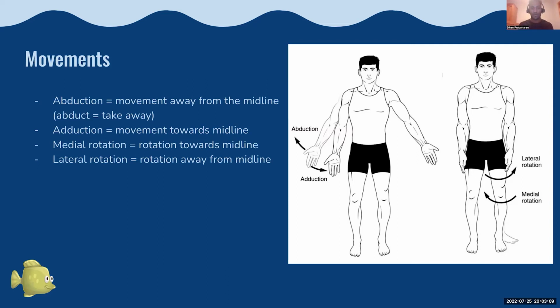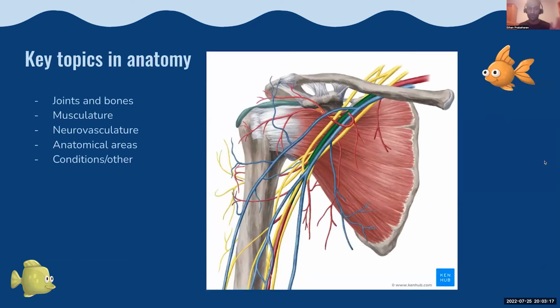Whereas if you go the other way and, for example, rotate your shoulder around, we describe that as lateral rotation. So those are the main movements that we get. There are other movements that are more specific to joints, but I'll talk about those when we get into the right context. There's a whole range of things that you'll learn about in anatomy, and some things you'll cover in your lectures and some things you'll cover in your tutes, right?